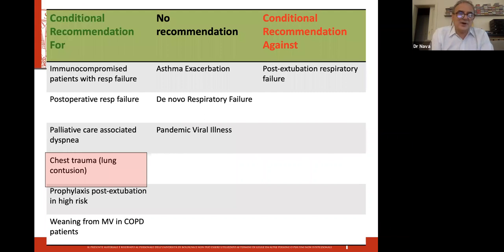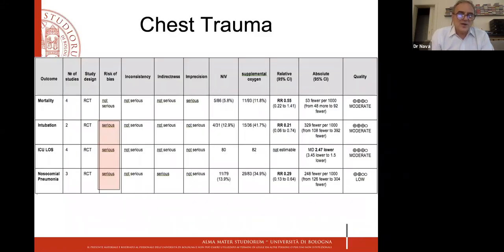Another kind of disease where the recommendation is conditional: chest trauma or lung contusion. Well, 4 studies, once more randomized controlled trials. The risk of bias, as you can see here, was serious in most of the outcomes, for sure not on mortality, because you are alive or you're dead, so you don't have a risk of bias.